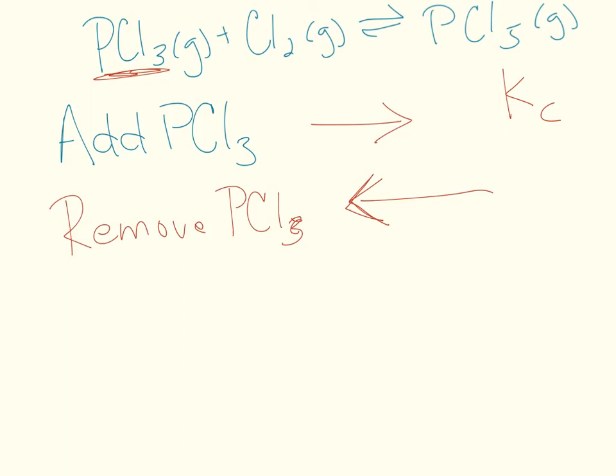So we have to shift towards the reactant side. And then if we remove some PCl5, the opposite occurs. It's going to shift towards the product side, again to achieve the same Kc that you had started with, or another way to say that is to achieve equilibrium again.